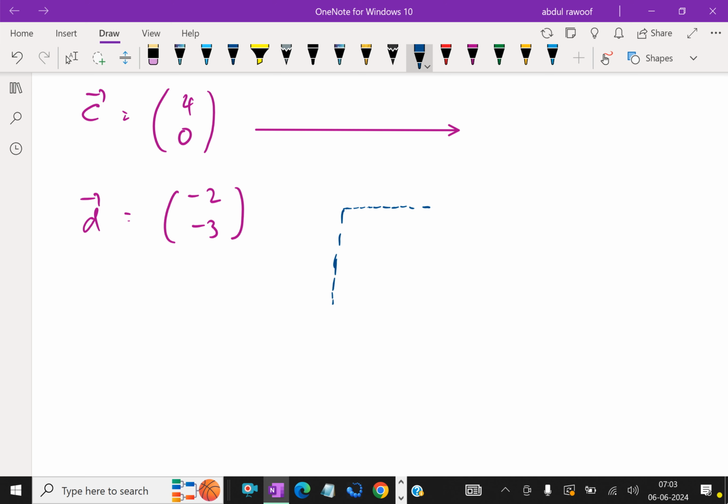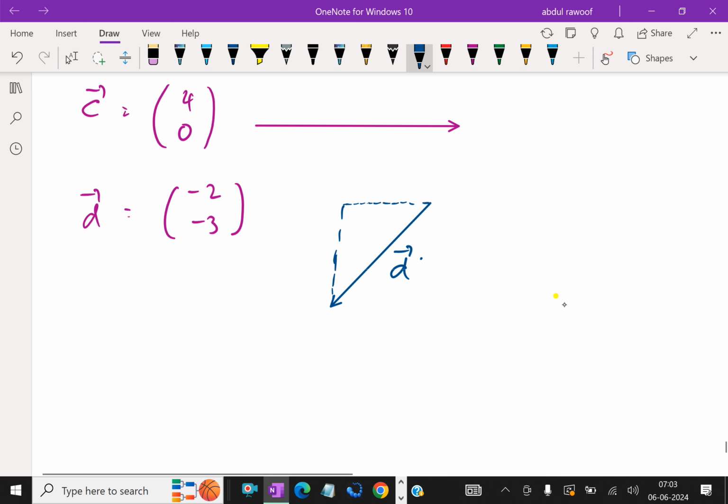So we have to draw this vector in this manner. Look at here. This is vector D. Like this, we can use the directions also.